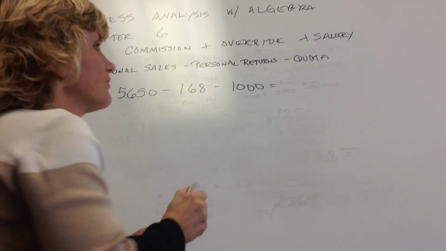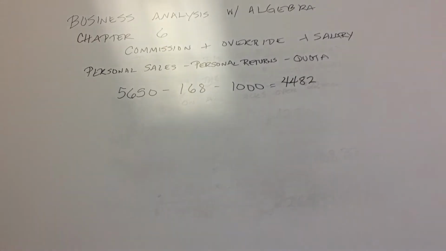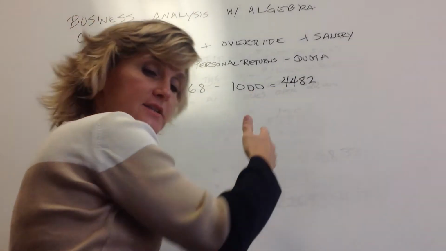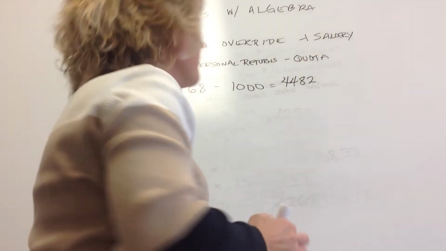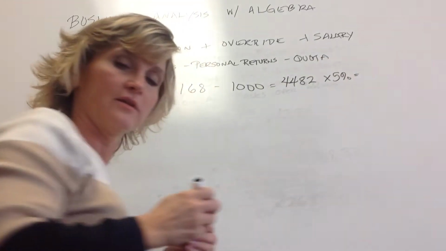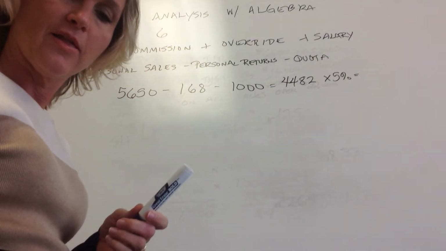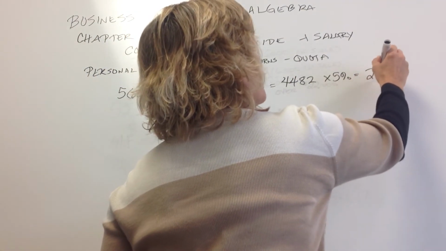So $4,482 is what I'm going to get paid commission on. And then what I multiply this by is our commission rate. So in this particular problem, the personal commission is 5%. So they are going to get $224.10 in commission.